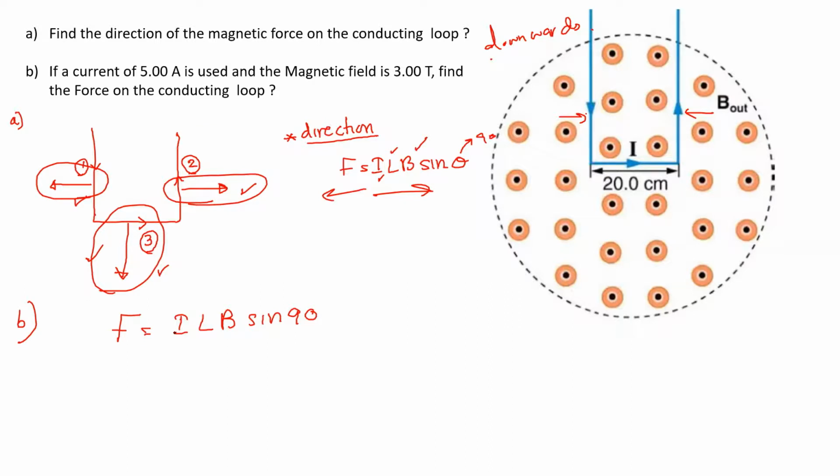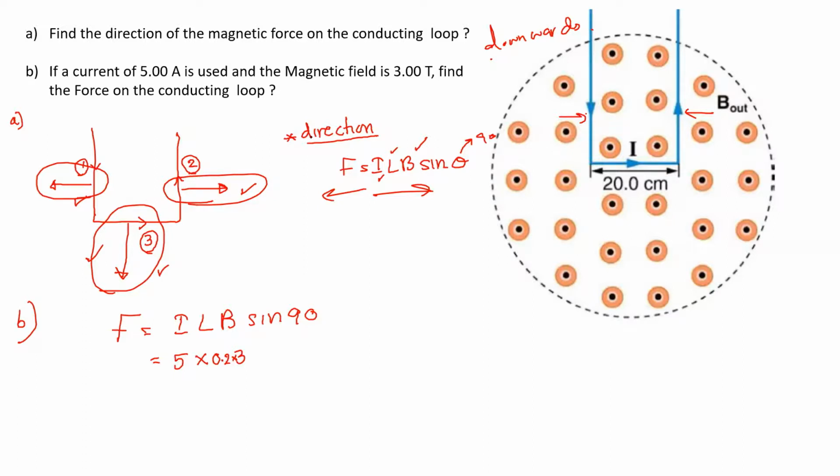So correct answer 3. I is what? 5. Magnetic field is 3. What is the length? Length is 20 centimeters. 20 centimeters is this times 3. Did I do something wrong? I think yes.